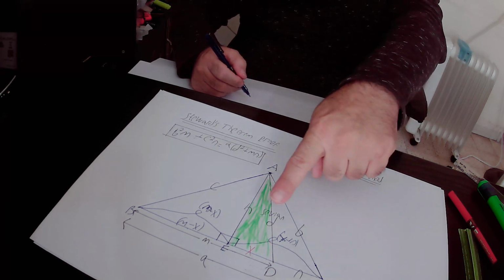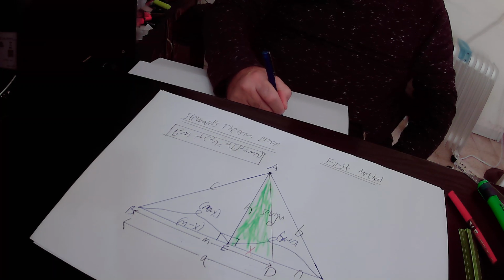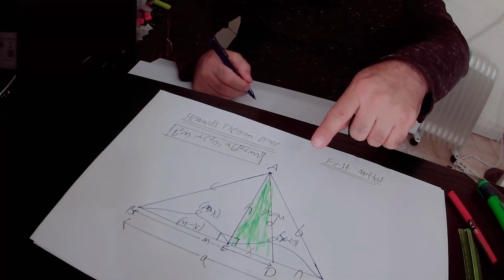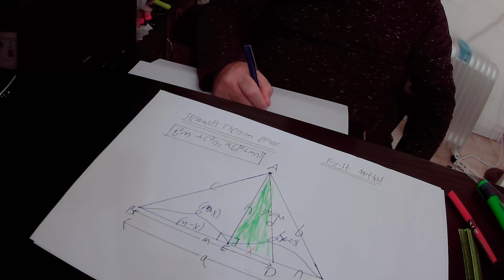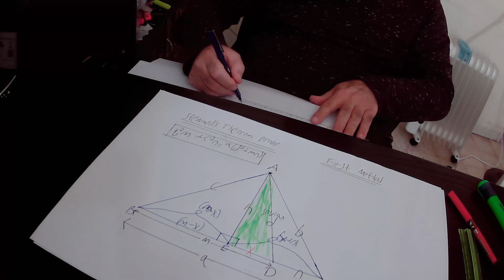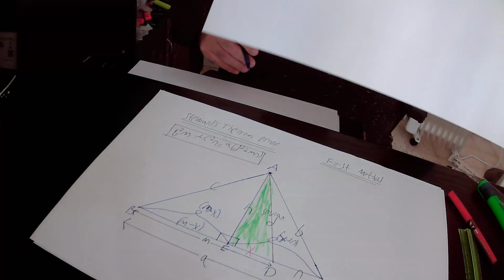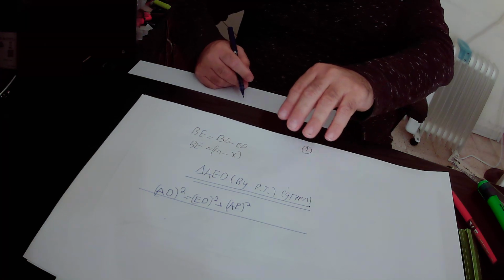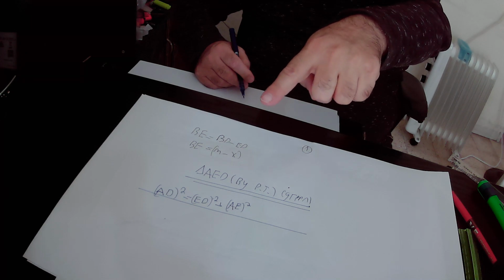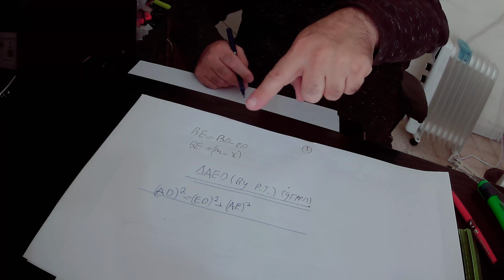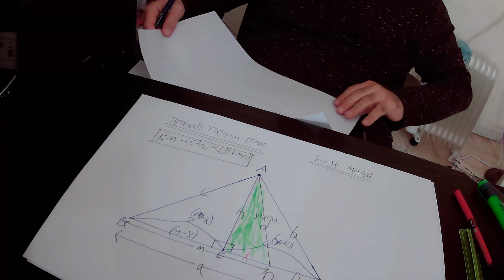That is to say, AD squared equals ED squared plus AE squared. Okay.